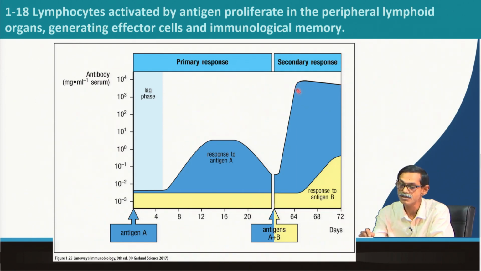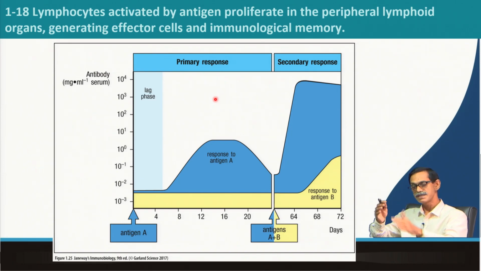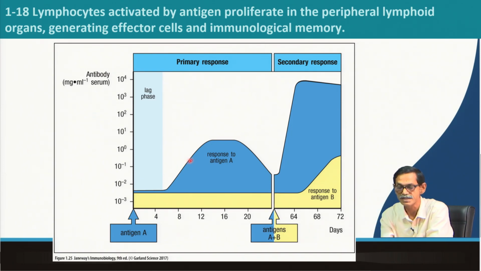This is called the secondary response. So, when our body sees any antigen or any pathogen the first time, this is the first reaction, but the second time it sees the same antigen, the reaction is much quicker and the amount of antibody production is very high. So, two different responses.